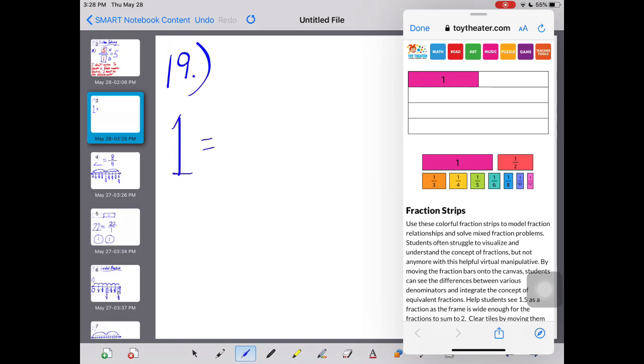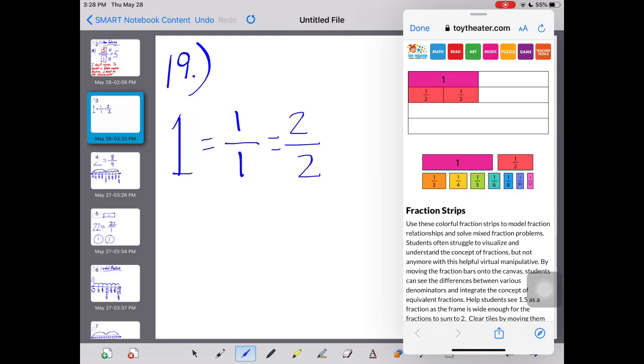If I wanted to show that as a fraction, my denominator tells me how many pieces are there in 1 whole. Well, there's 1. And how many pieces do you have? 1. We can also show 1 whole by cutting it up into 2 pieces, right? So the denominator would be 2, because there's 2 pieces in 1 whole. And how many pieces do we have? 2.